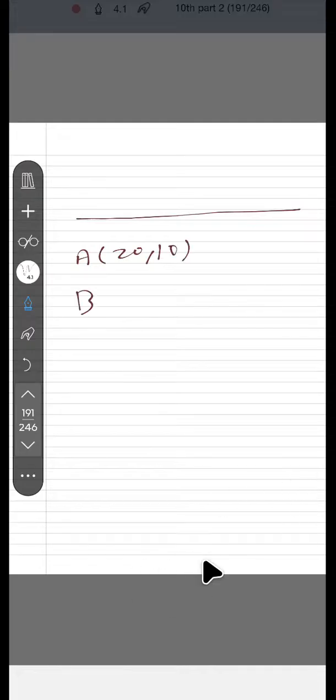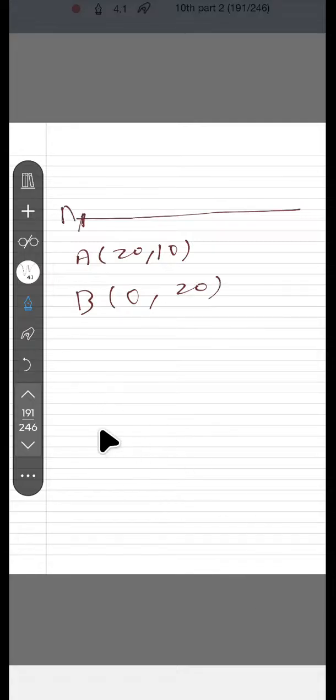It is also similar to the previous question. Simply, one straight line is there, and a few points are given here. A is equal to 20 comma 10, B is equal to 0 comma 20.